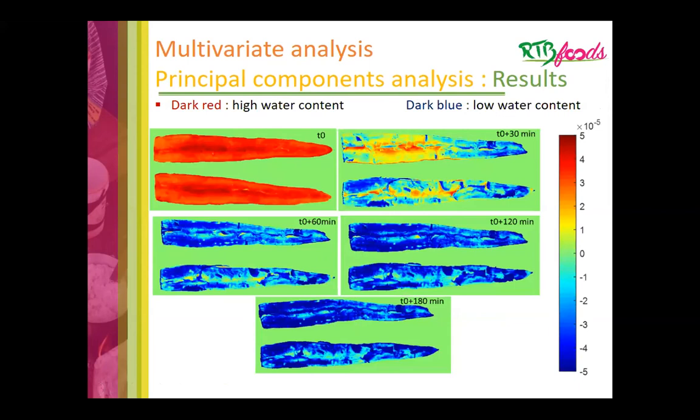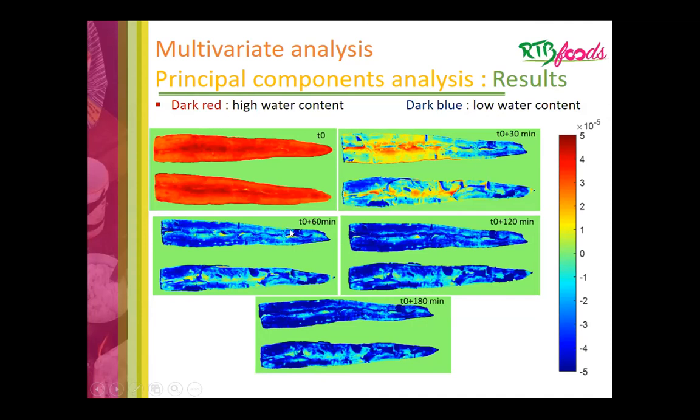We did the same work on fresh cassava, and we acquired the images at T0 before drying, and 30 minutes, 1 hour, 2 hours, and 3 hours after drying. For cassava, we see that the drying is done gradually but faster than in the yam.